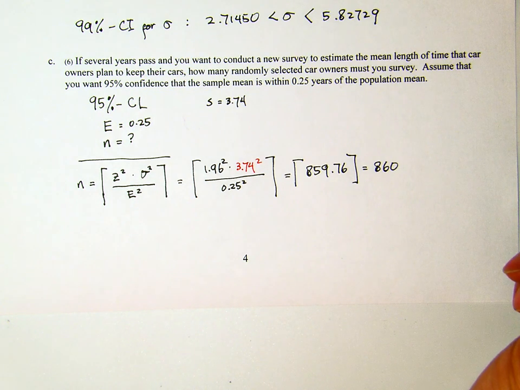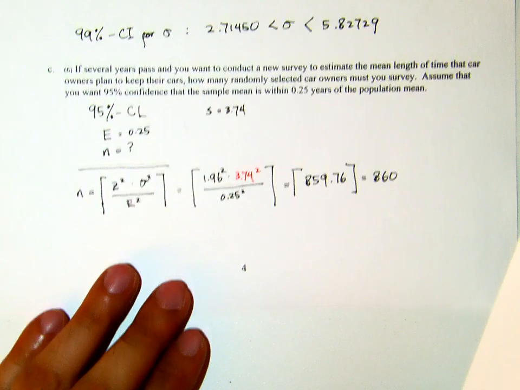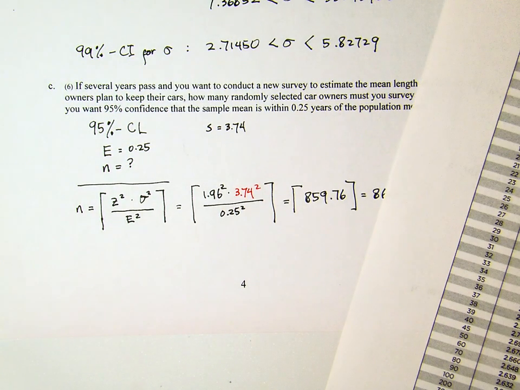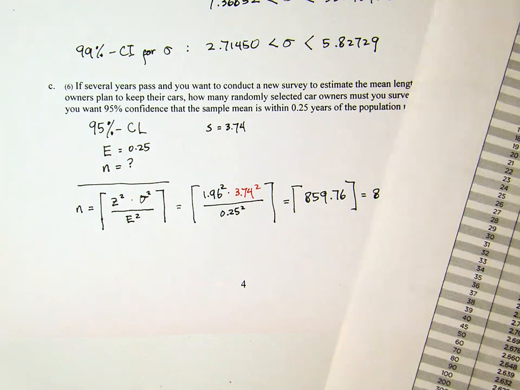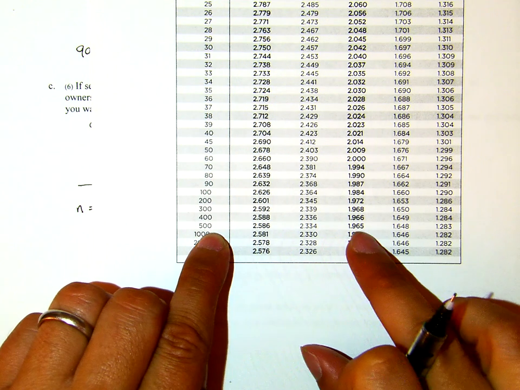Let's try to match it with the t. With the t, we want 95%, right? Right now assume we have that 5%. I will use 500 for now.